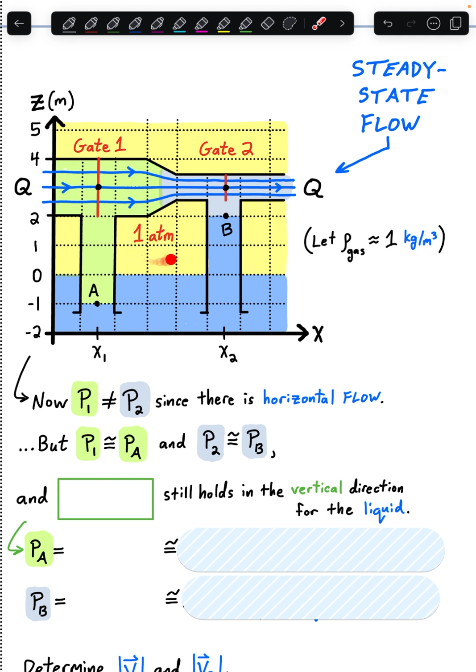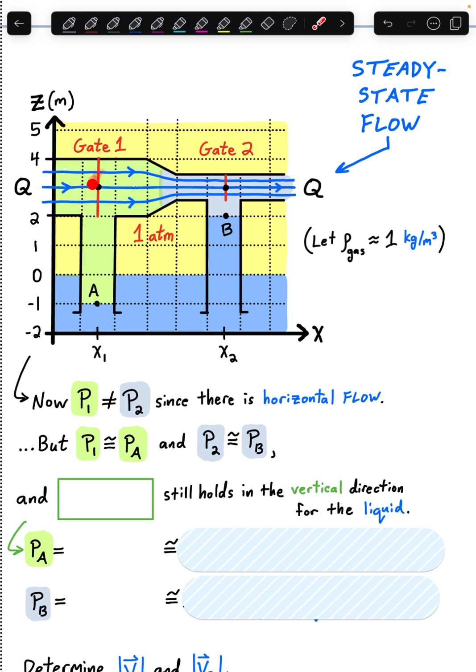In yellow is still the 1 atmospheric pressure surrounding gas in the room. And this more greenish color here is a slightly higher pressure gas coming at a slow speed through the wide section of pipe. And then this pale grayish blue over here is the slightly lower pressure, fast moving gas moving through the narrow section of pipe.